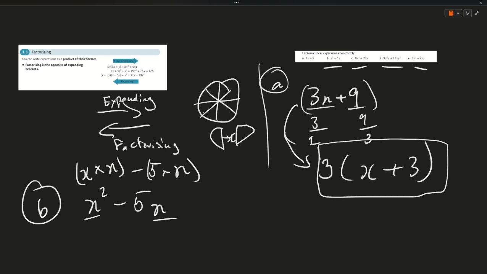Whatever we take out of this whole set, we also have to take out of this whole set. So if we take the x out of here, we can also take an x out of here, but not both x's, because there is no second x for us to take from this one. So we can take one x out, and if we remove an x from x squared, we're left with x minus 5. And that's our answer to the second one there.